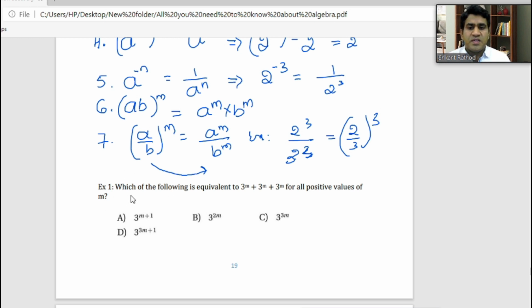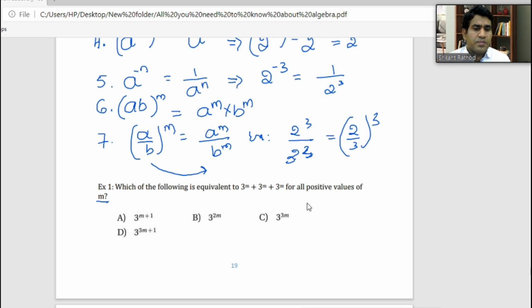Question one says: which of the following is equivalent to 3 to the power m plus 3 to the power m plus 3 to the power m for all positive values of m? So now they are saying this expression is equivalent to which of the following. So how do we do that?